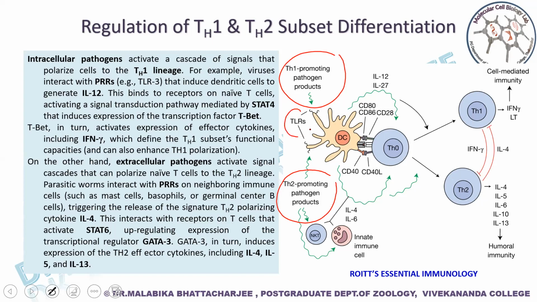So TLR, toll-like receptor, is nothing but a pattern recognition receptor. It is this receptor that first identifies the molecular pattern and gets an idea whether this molecular pattern will start a helper 1 pathway or a helper 2 pathway. So accordingly, the signaling cascade starts.